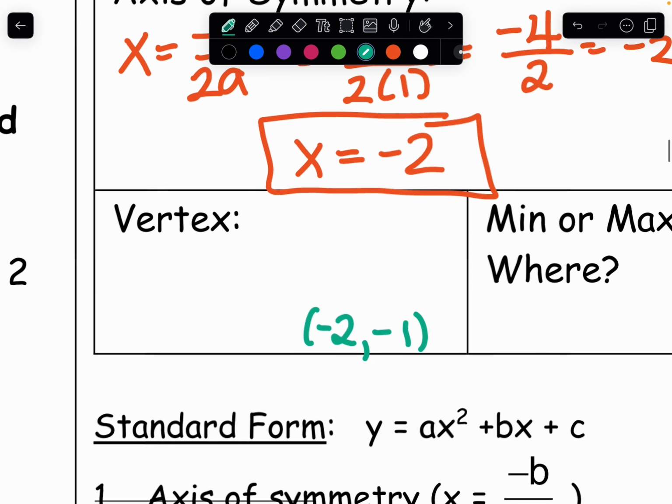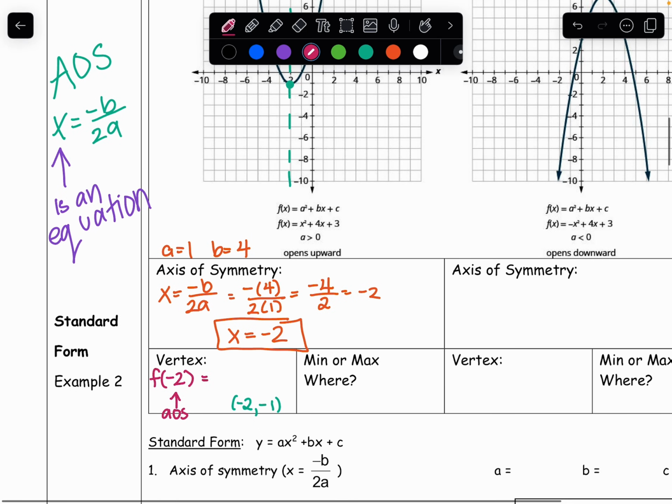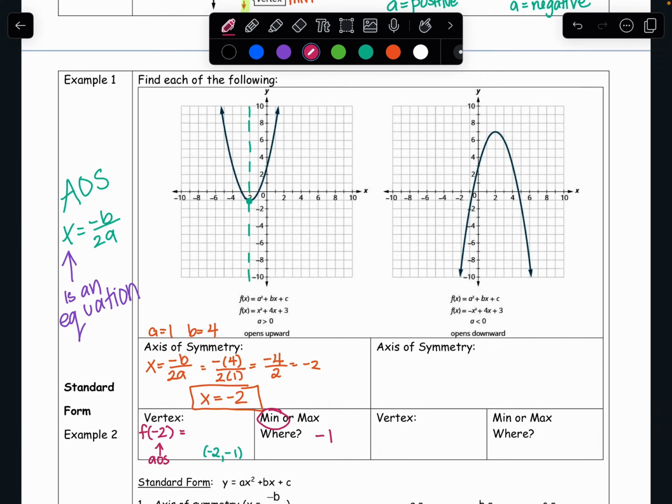Now you can find your vertex by plugging your axis of symmetry into your equation, but we'll do that at a later point. Now, again, this is a minimum. And in this case, since I'm asking for the y value of our vertex, that is negative 1.